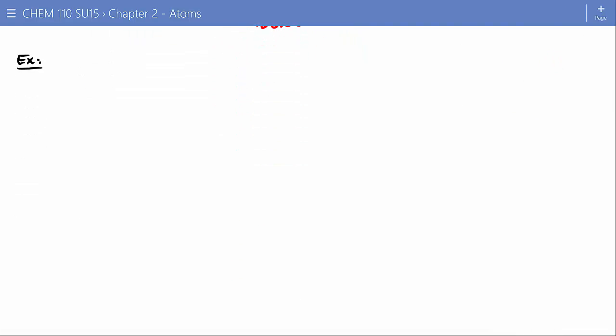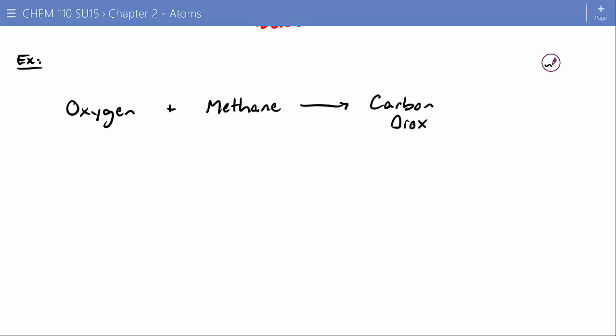Let's say that we do oxygen plus methane will form carbon dioxide plus water.